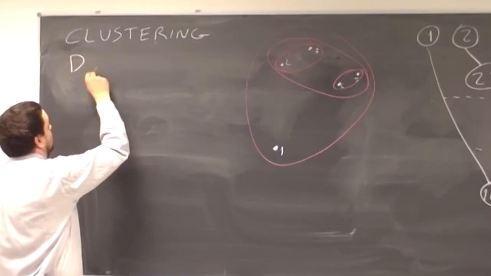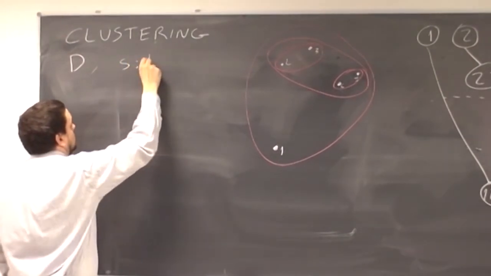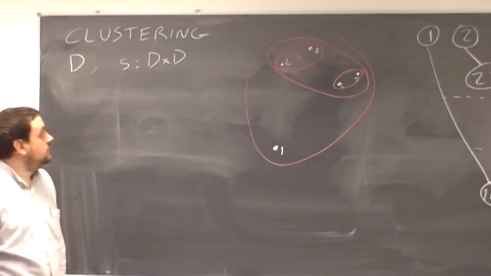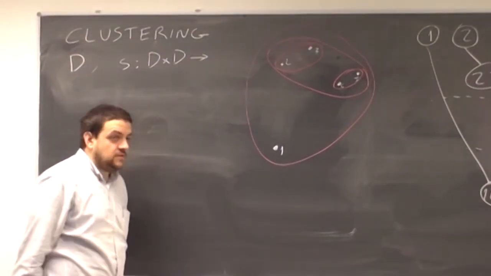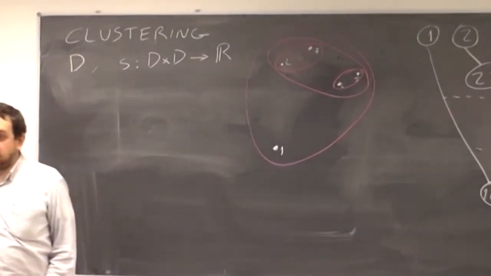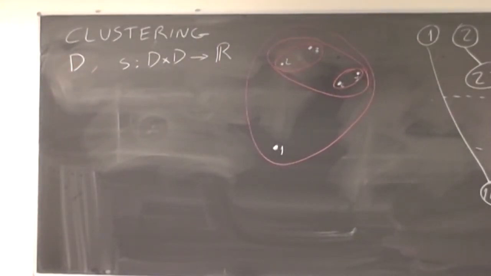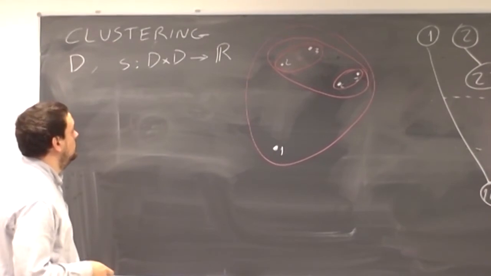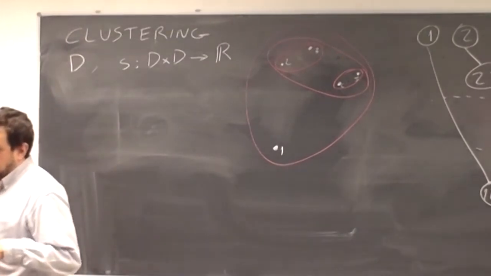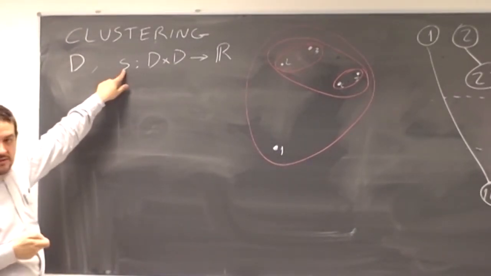And we have a similarity function that is applied to every pair of items and provides, as a result, a real number. I call it S, so it stands for similarity. Two similar items will have a higher similarity.